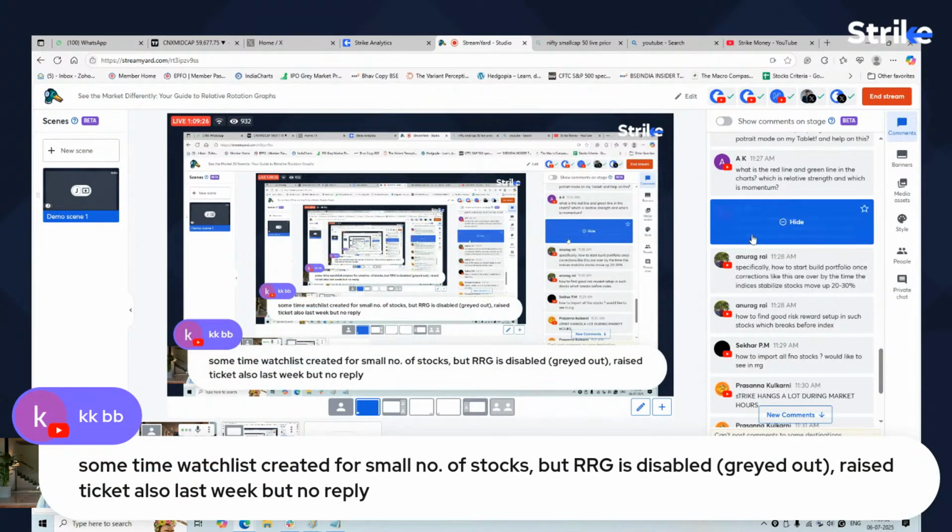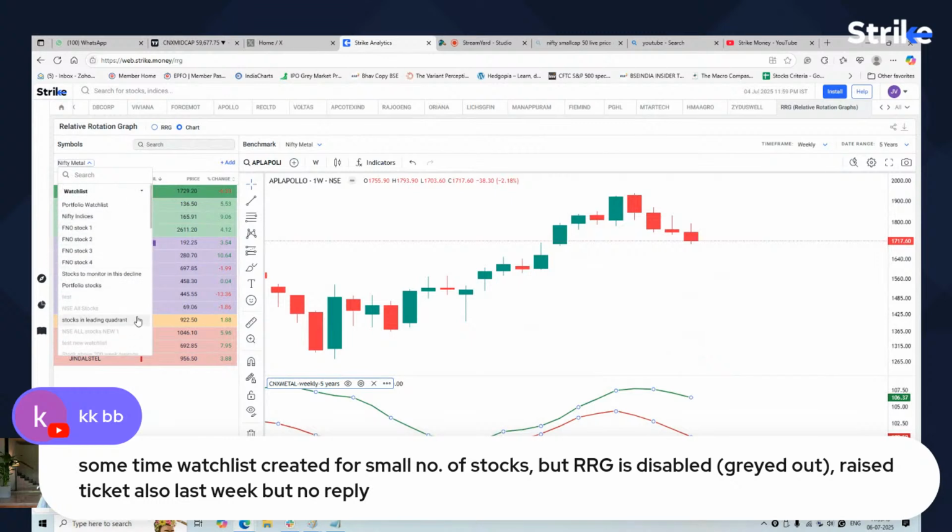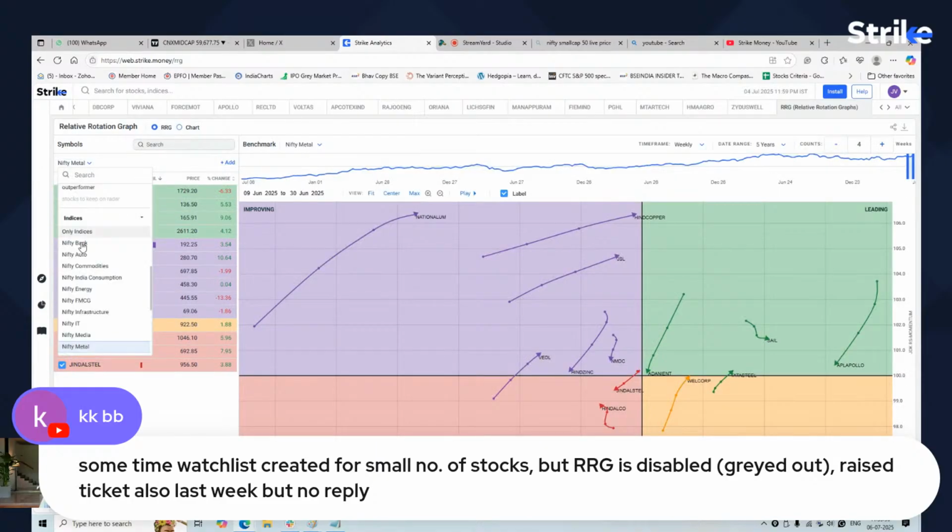KKG, we have explained this in the webinar as well many times. You can see that there are these blurred watch lists. What it means is that the watch list count has exceeded 50, and that is why it is not possible for us to show it on RRG, and that is why they are blurred.